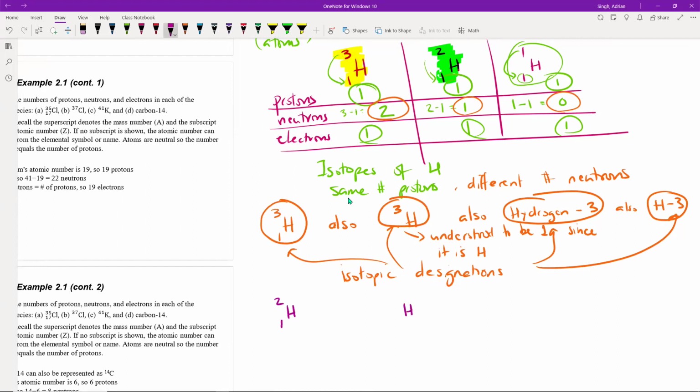It could also be H2 like that. It could also be hydrogen-2, or it could also be H-2. So interpreting the notation given here is important, right? We can easily leave out the atomic number because we can look it up on the periodic table. So sometimes you don't see it in the designation.